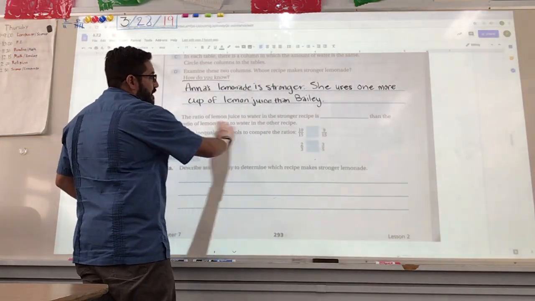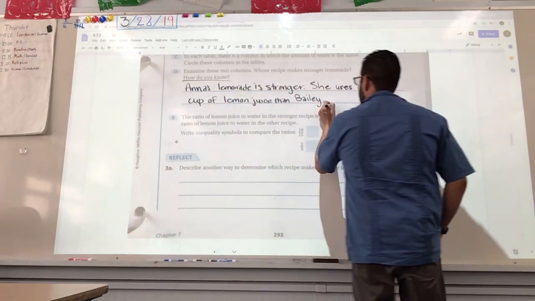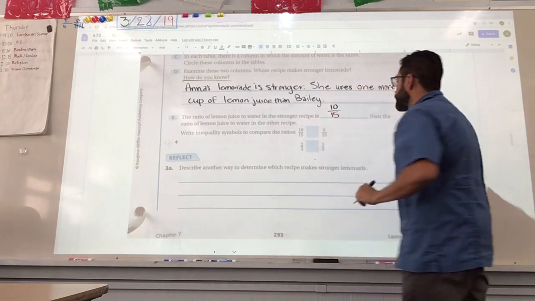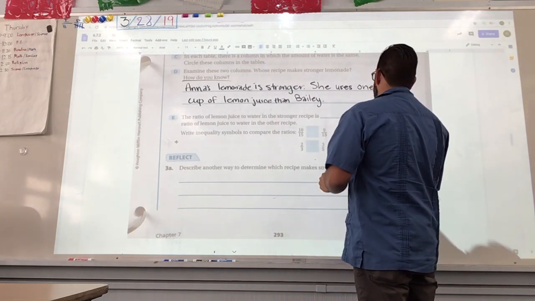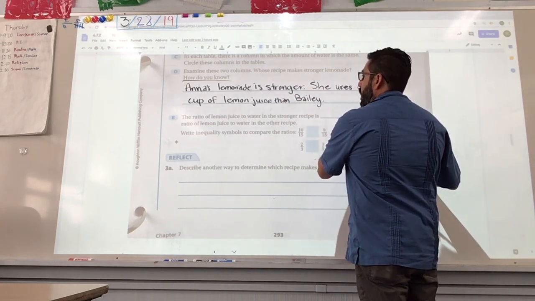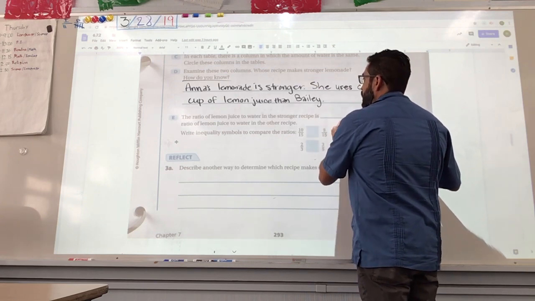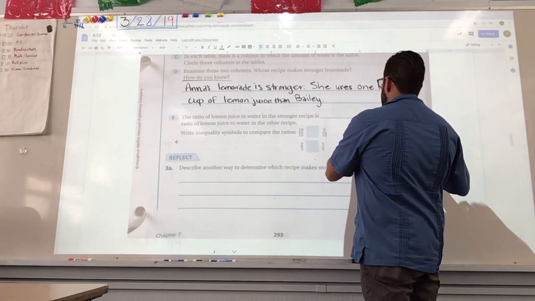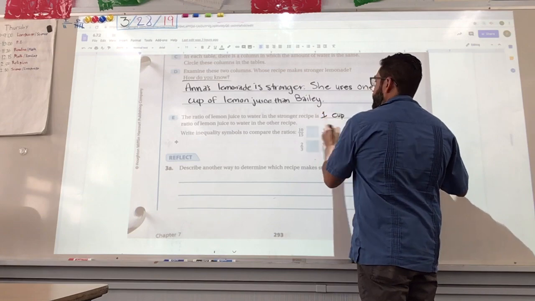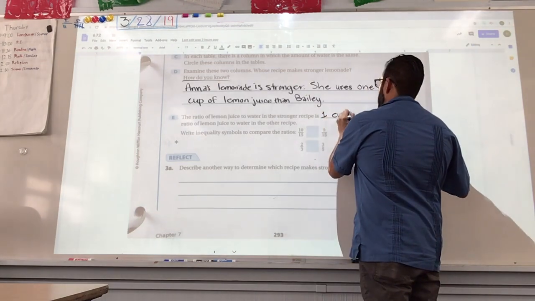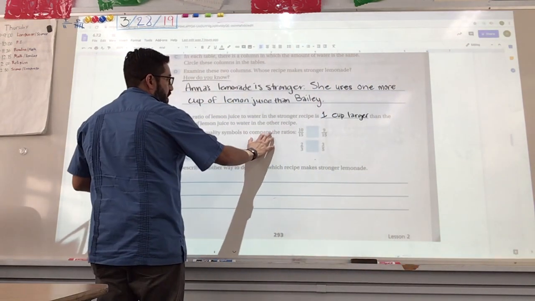The ratio of lemon juice to water in the stronger recipe is 10 to 15. Oh, I'm sorry, and we're comparing it. Is blank, then the ratio of lemon juice to water in the other recipe is 1 cup larger than the ratio of lemon juice to water in the other recipe.